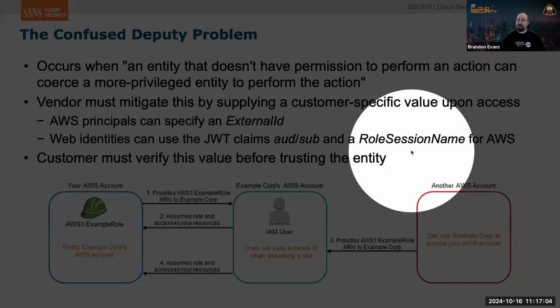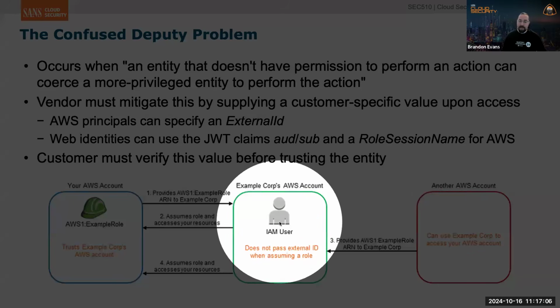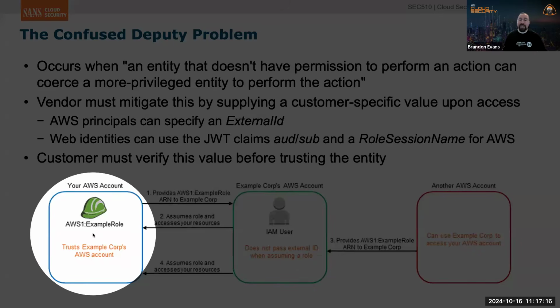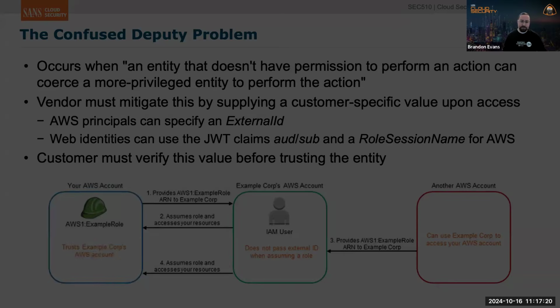So if an Example Corp, for example, let's say this is Microsoft Defender for Cloud, which is not in AWS, wants to access our account, they would name the session after Alice. So we can then check the session name and make sure it matches what we're expecting.